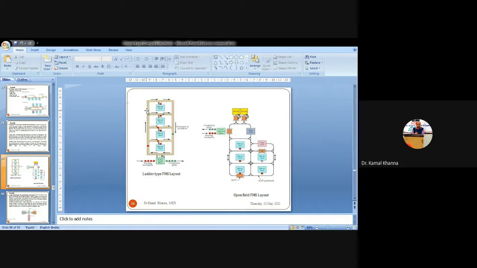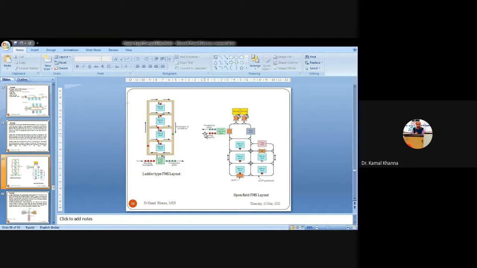Next is the open field FMS layout. What is the advantage of the open field FMS layout as compared to the previous ladder, line and loop layouts? In the open field FMS layout, the workstations or the arrangement of machines can be done as per the requirement of the operations that are to be performed on the specimen.